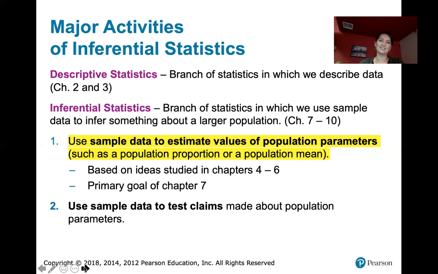How do you measure things that seem to be immeasurable? Statistics allows us to do that. And we're able to do that with hypothesis testing, which we'll study in chapters 8 and 9. And then in chapter 10, we talk about correlation and regression, which are related to a particular hypothesis that we'll make in chapter 10.